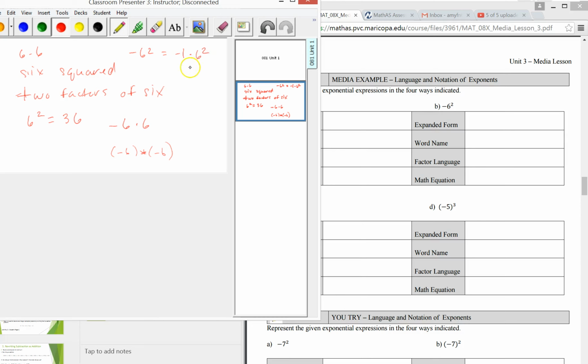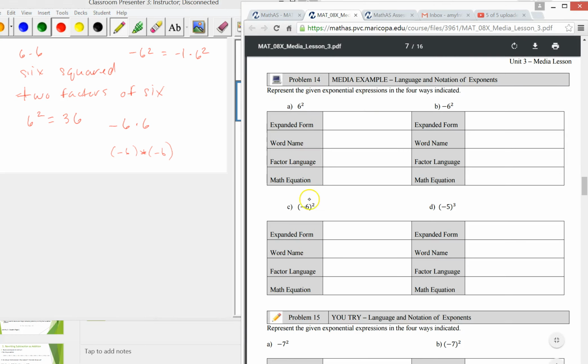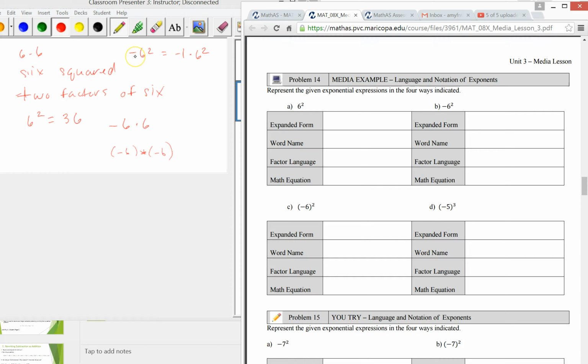Officially, since we're just introducing exponents, we haven't said that you do exponents before multiplication. So that may not quite make sense here, but I think using the word opposite is really what helps them distinguish between the opposite of 6 squared as opposed to negative 6 squared, as this outer operation that we perform last.